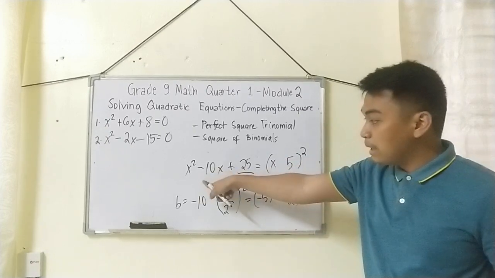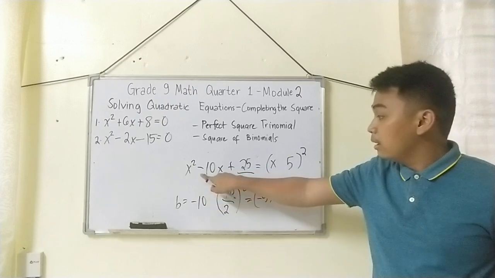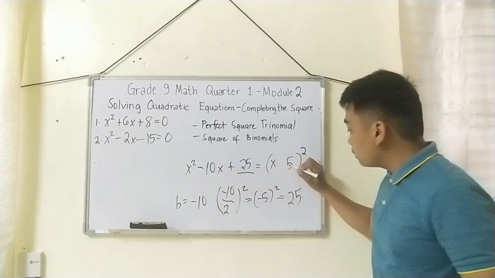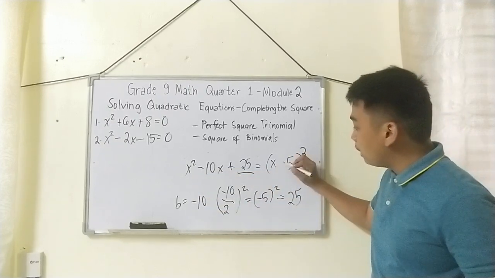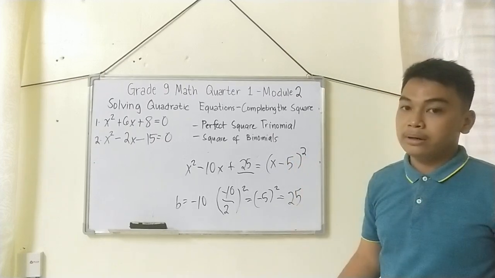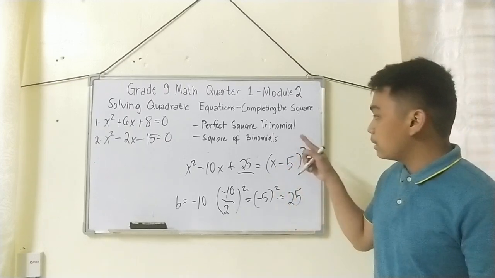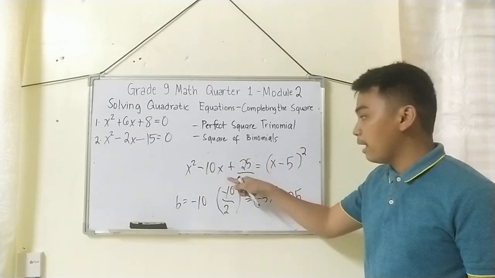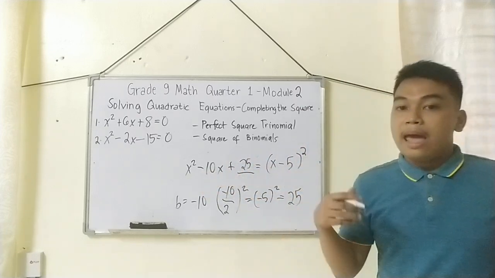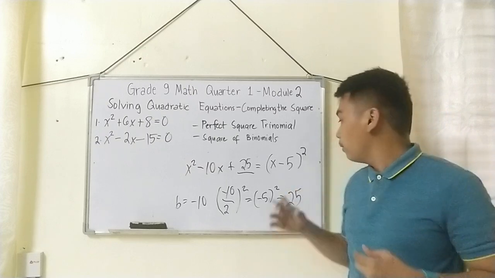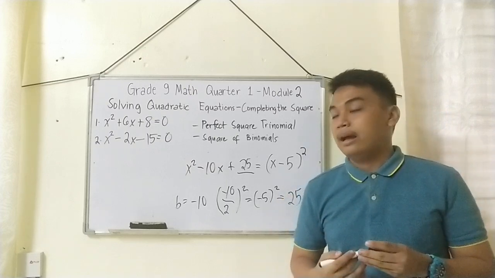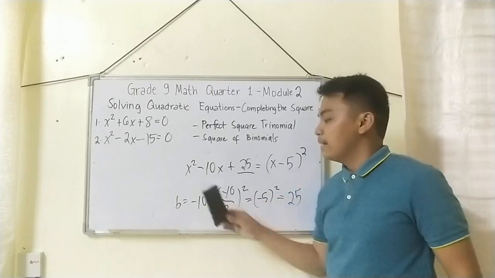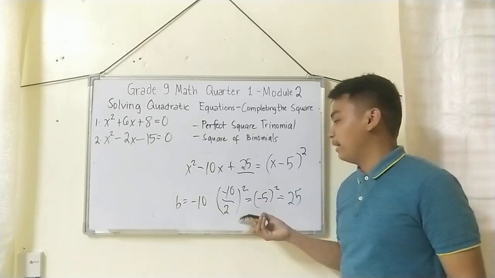We look at b. Our b is negative, that means we put minus or subtraction. So, the square of binomial form of x squared minus 10x plus 25 is (x minus 5) quantity squared. Ayan. So, sana may naintindihan kayo dito mga Hobbiters.